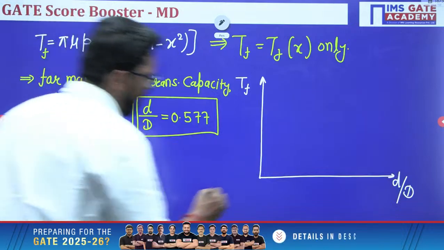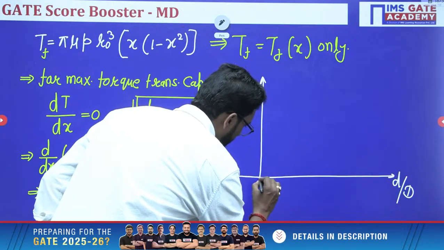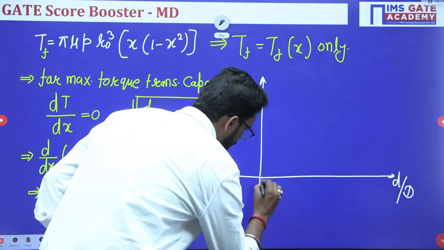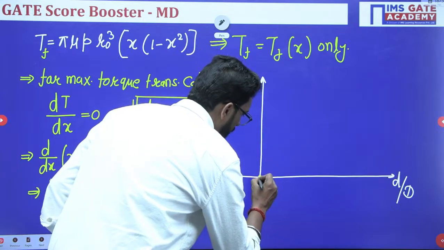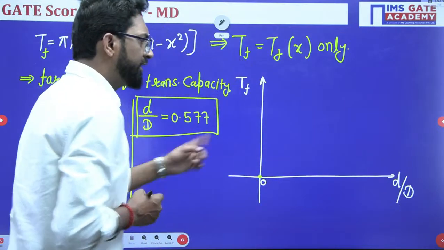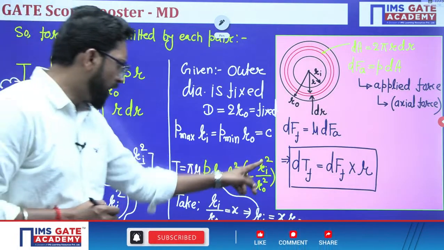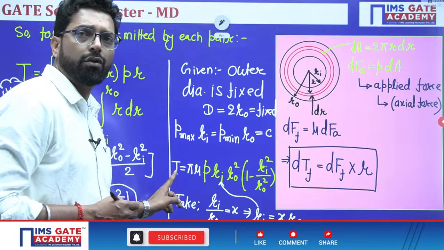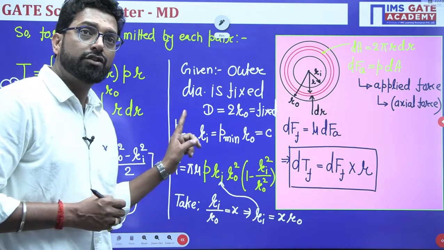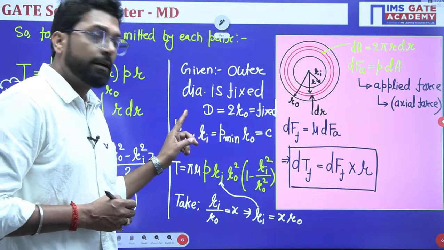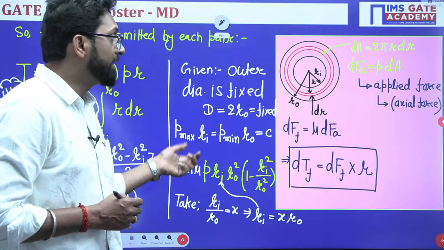Now, if d by D is equal to 1, again torque is 0. So torque is 0 when d by D is 0 and when d by D is equal to 1.